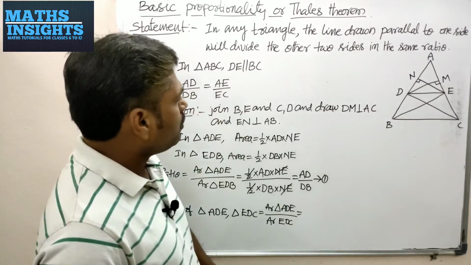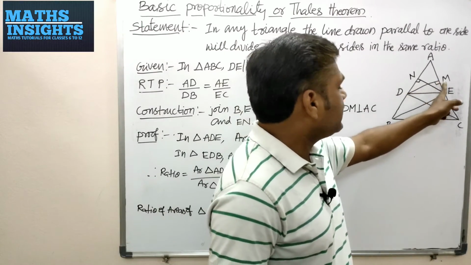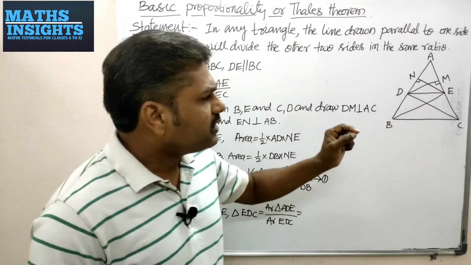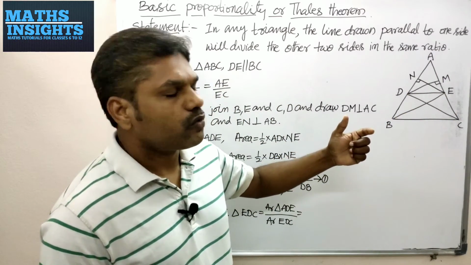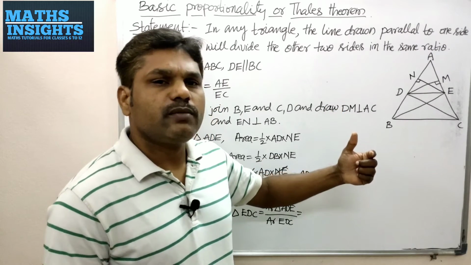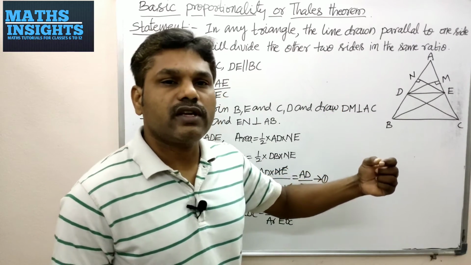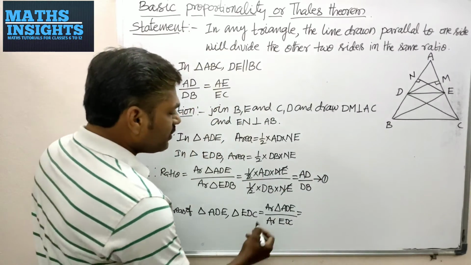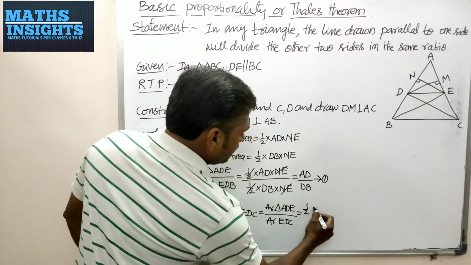Similarly, you have the base DM for the triangle ADE. I said previously that you may have different heights for the triangle. Whatever the base, whatever the height you are taking, you will get the same area for the triangle. Therefore, I am changing base and height.